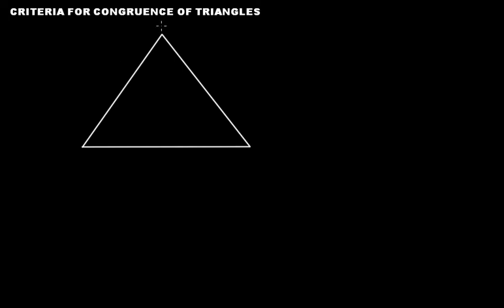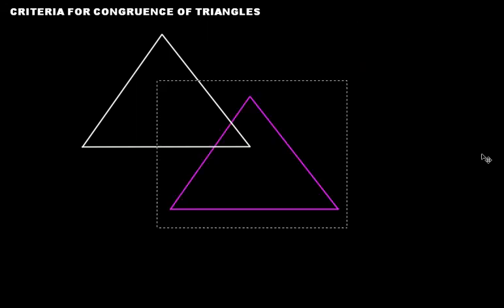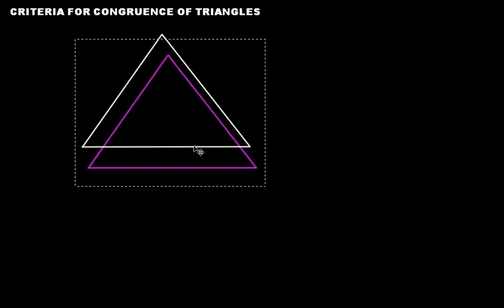Let's understand. Suppose we have this white triangle and it's physically in your hand, and we have another triangle of pink color, also physically in your hand. Now, if you're asked whether the two triangles are congruent or not, that is, whether they are of the same size and shape or not, you will take this triangle and try to place it over the white triangle.